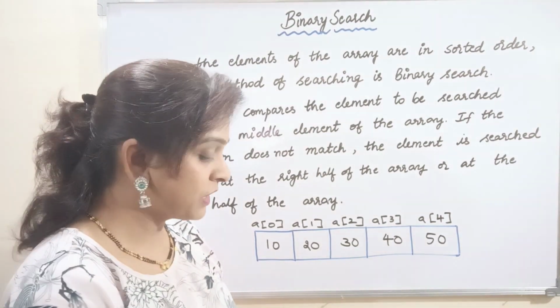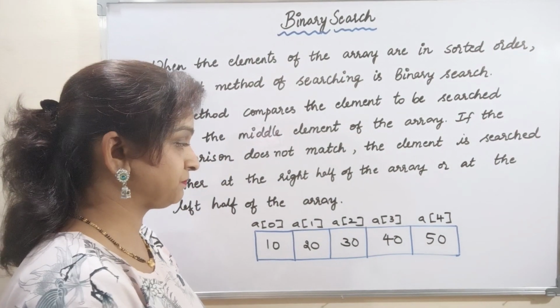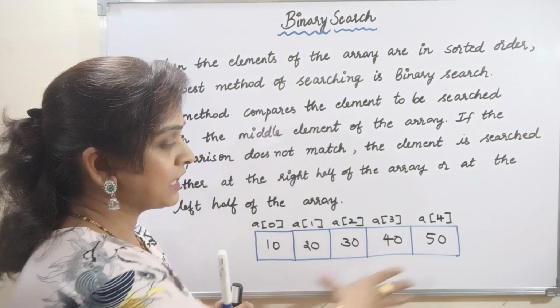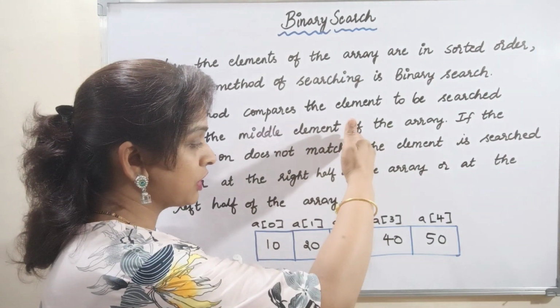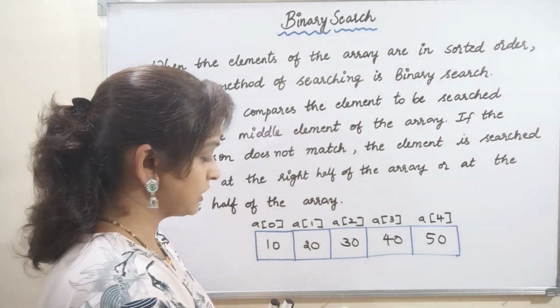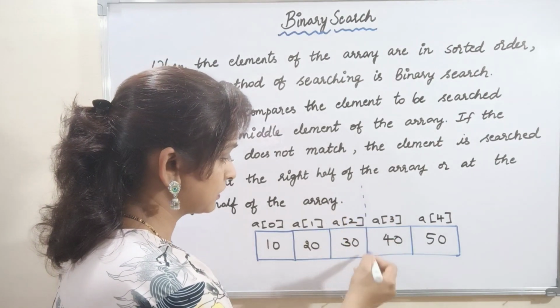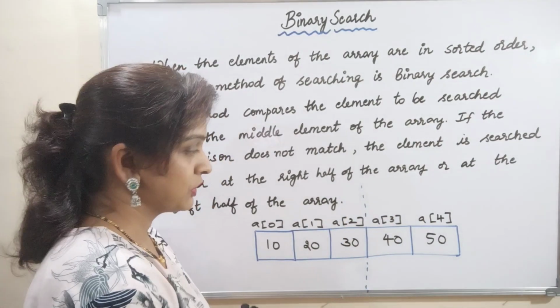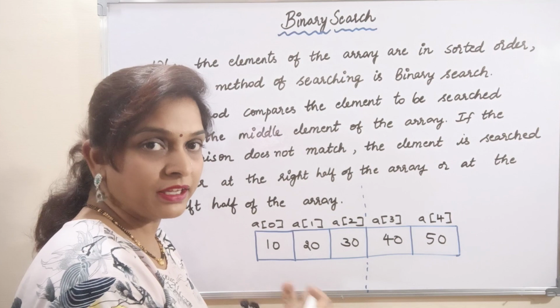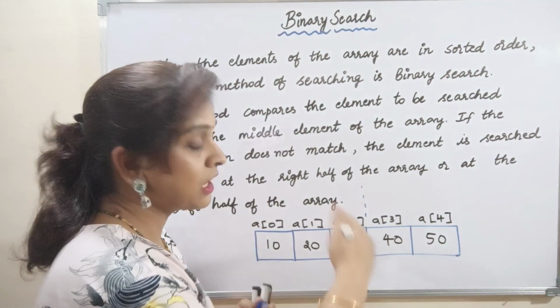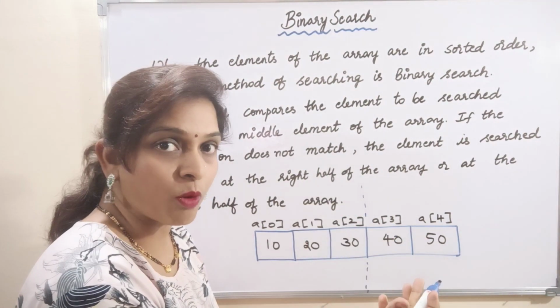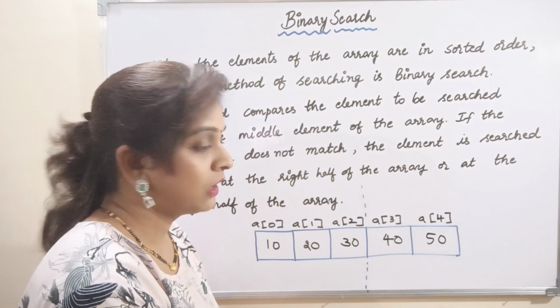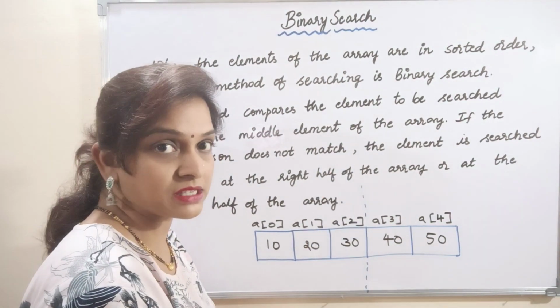So, for example, if I divide this complete array, I have this division. How to get the mid element, how to divide the array? There are some formulas that we need to follow. Just imagine I have divided this array.